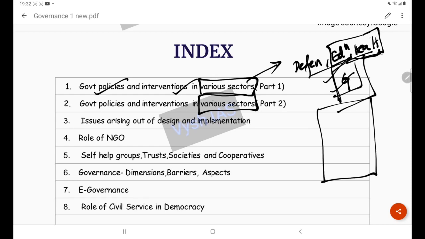And whenever you are preparing these sectors also, whatever you are learning in this paper, GS2 governance, keep it aside, and whatever is left behind, you have to learn it from other papers. Like the overlapping topics, education, health, etc. These are overlapping topics. So any one paper you cover all these things, and the other leftover things you can prepare in other paper. That is how you have to prepare.